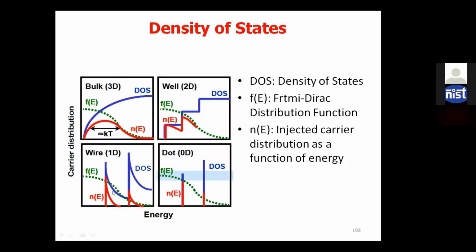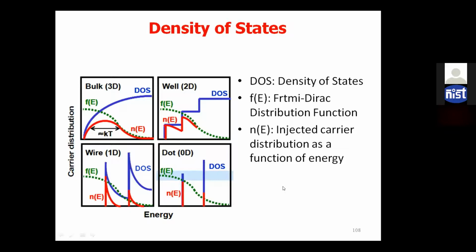And in 1D, it is proportional to E to the power minus half. That's why when E matches with E0, because it is discretized, the density of states gradually reduces, whereas for bulk it is E to the power half, so the density of states increases. So this green one gives the Fermi energy, and depending upon the density of states and the Fermi energy, which gives the probability, we can get the carrier concentration n.